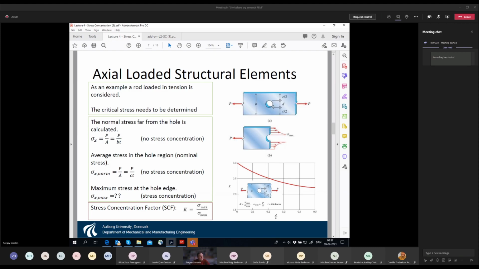So you have plenty of different shapes of this hole, and for each of the shapes you have the solution which gives you the curves.